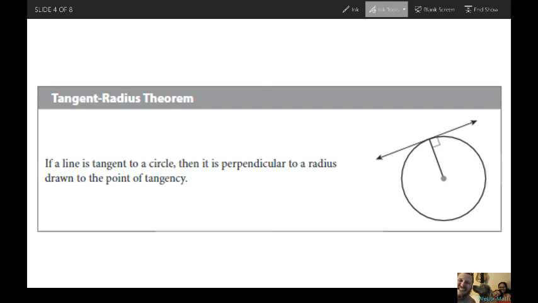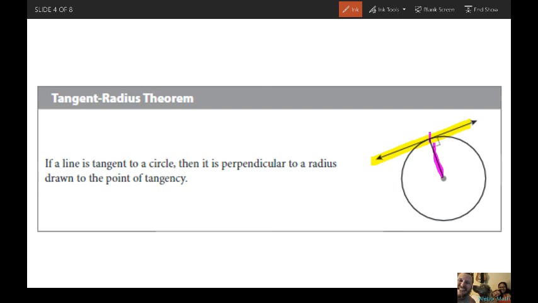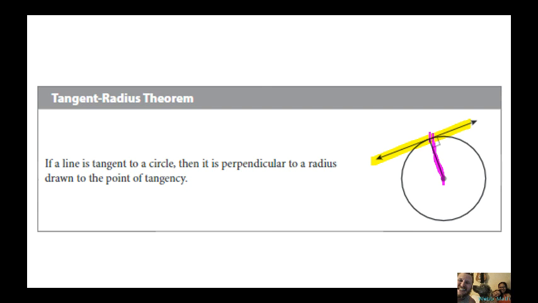So if the line is tangent, it's always going to have, from the point of tangency to the center, a perpendicular line. They're always going to be like that. Always. And that's if it's tangent.